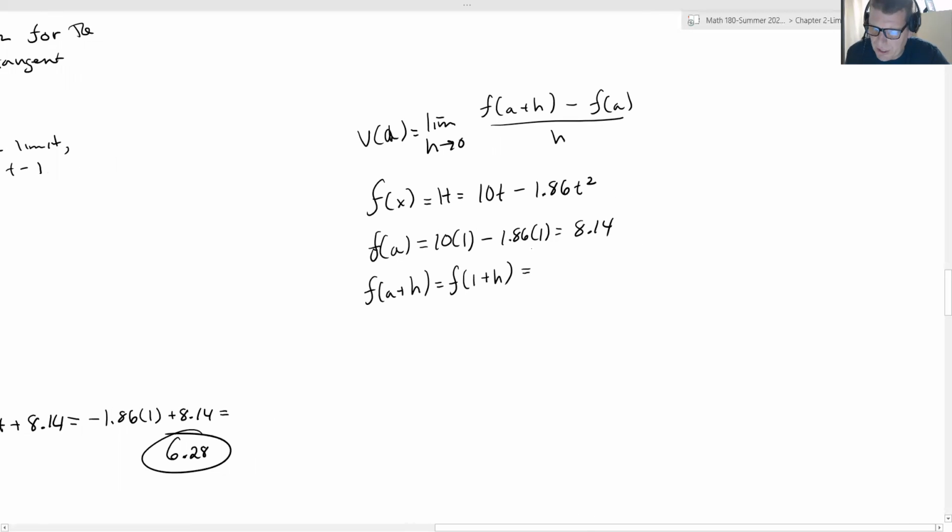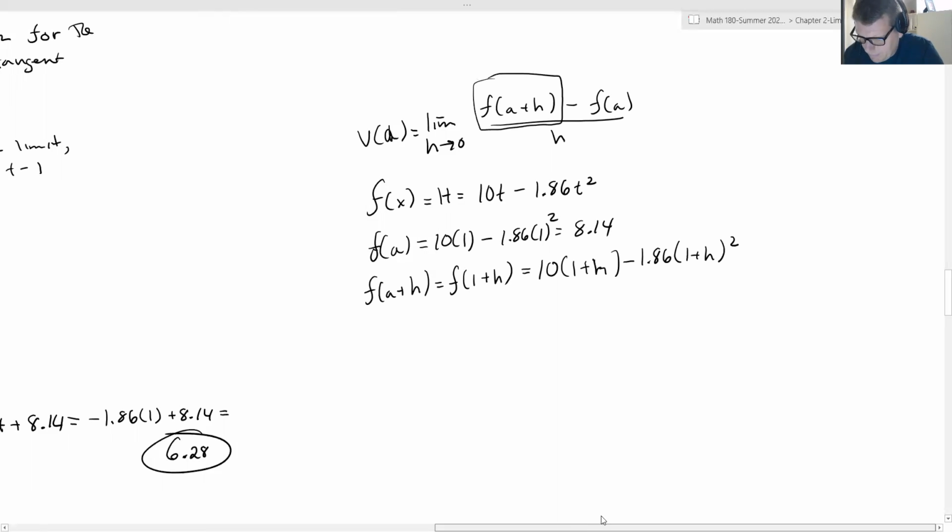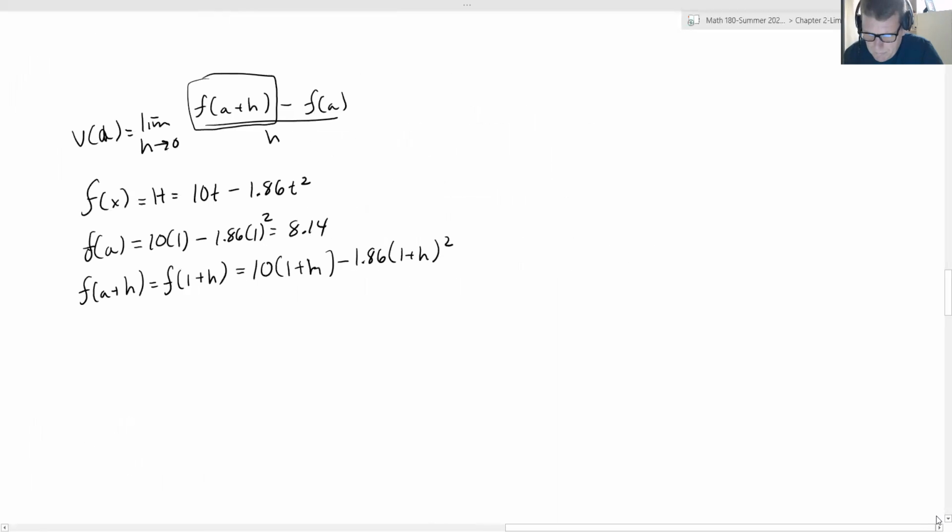So this is going to be 10 times 1 plus h, minus 1.86 times 1 plus h squared, because we're going to need the F of A plus H term here. So I'm going to simplify that.